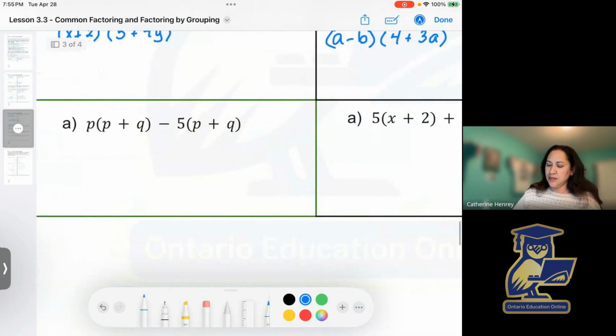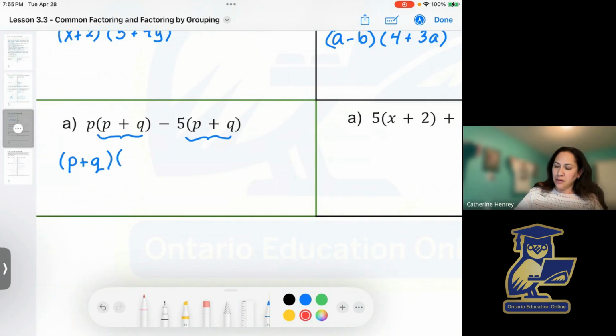Taking a look at this example, we have (p plus q) and we have (p plus q), so that's a common bracket. I'm going to take that out, p plus q. And what I have left over is this p and this negative 5. And there's your factored form.